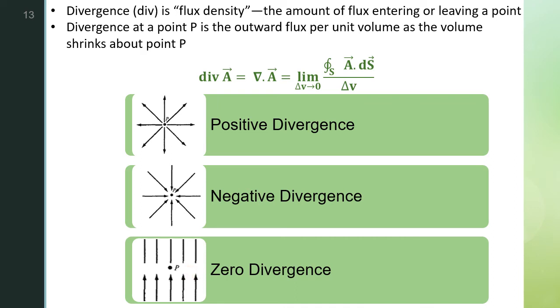So, these are the three cases in the case of divergence, and the answer for the divergence we will get is a scalar quantity. It will be either positive or negative. Depending on whether it is positive or negative, we can tell whether it is converging or diverging.